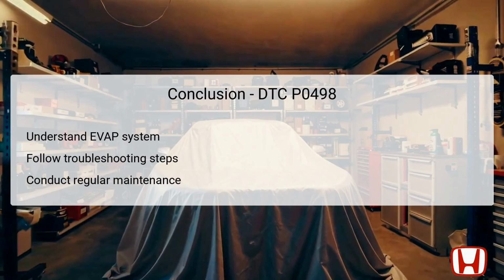efficiently. In conclusion, understanding the functionality of the EVAP system, including the pivotal role of the EVAP canister vent shut valve, is crucial for effective troubleshooting of DTC P0498. Following each troubleshooting step methodically allows for the identification and resolution of the issues at hand.